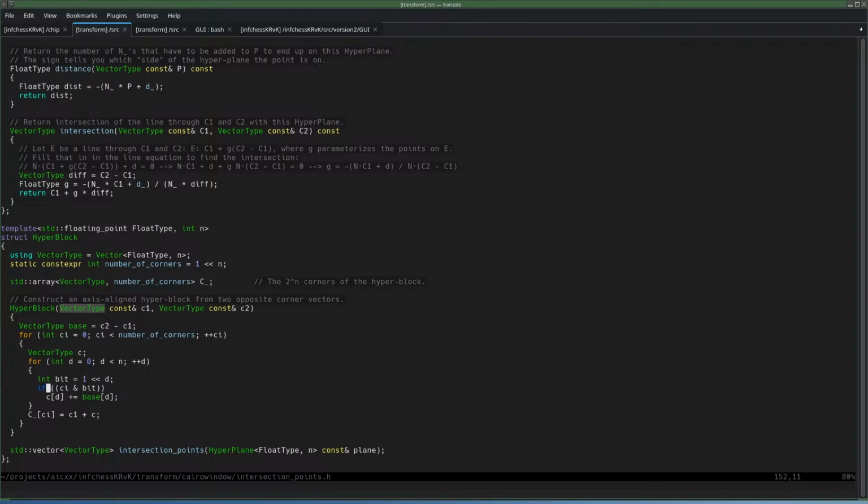And we do a bitwise AND with the corner index, meaning that the least significant bit corresponds to X and the most significant bit corresponds to Y. And then we add base if the bit is set. Okay.